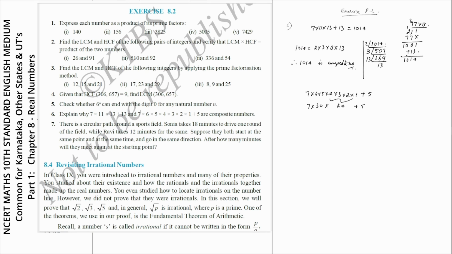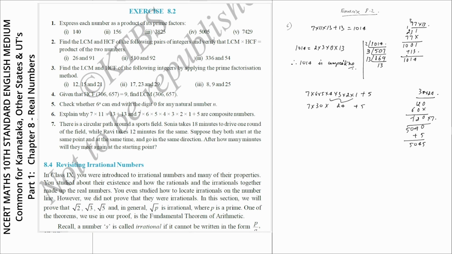Now 30 into 24 is 720. Then this into 7. 7 0 is 0, 7 2s are 14, 7 7s are 49 plus 1 is 50. So this is 5040, plus if I add 5, I'll get 5045.